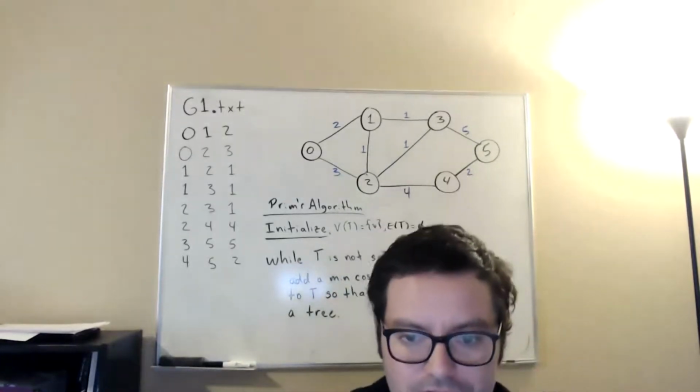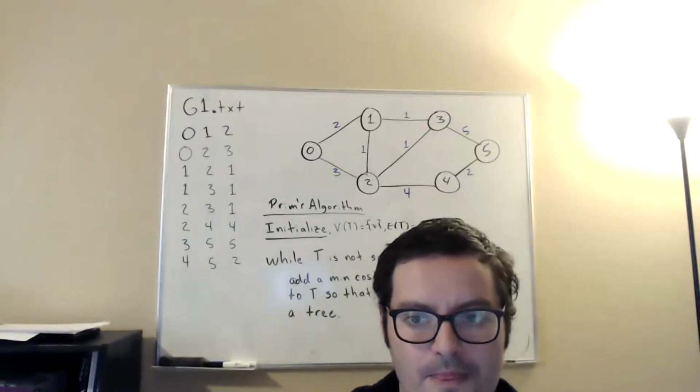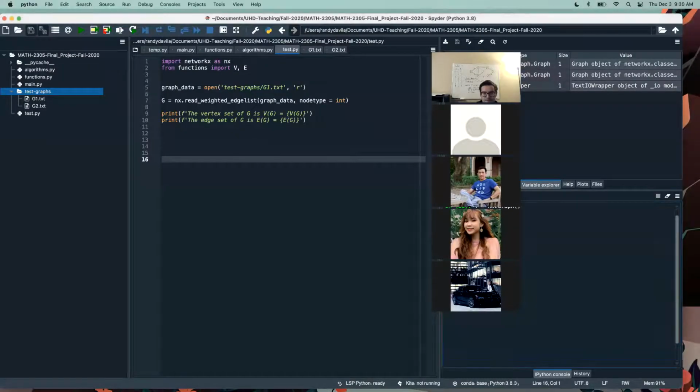So the way that we can do this, let's share my screen. We can start with an empty graph like that, and then we can just add a node with T.add_node.